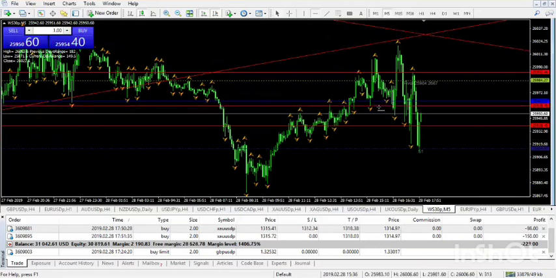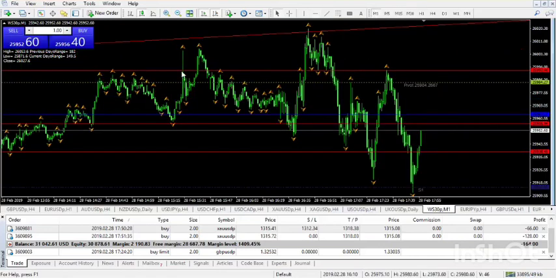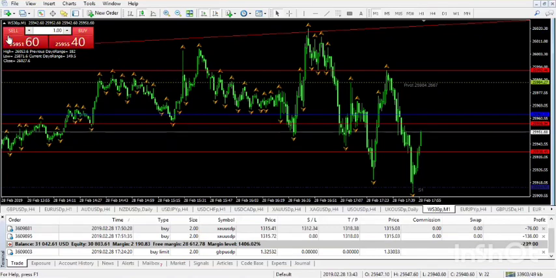Here, for example, a sell order could be placed. I'm probably going to take a sell order in this area, but I'm going to wait.